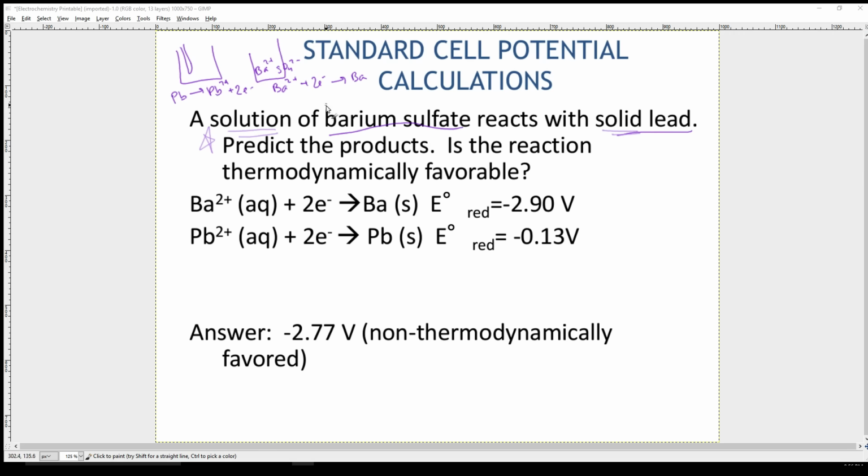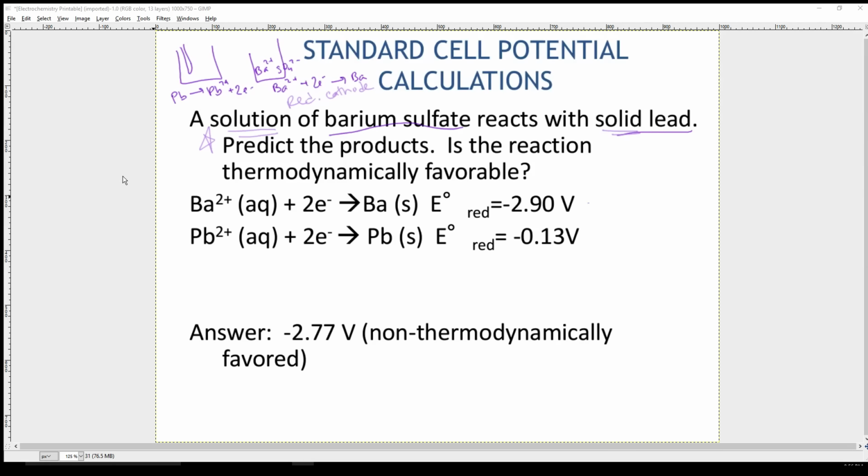So based off of what I've drawn up here in these half reactions, what is the cathode? What's being reduced? Reduction is gaining. Barium is being reduced. It is our cathode in this hypothetical situation, which is not what it wants to do. But that's how we set it up.